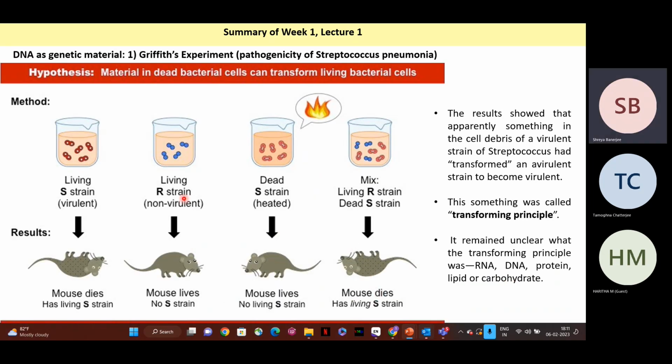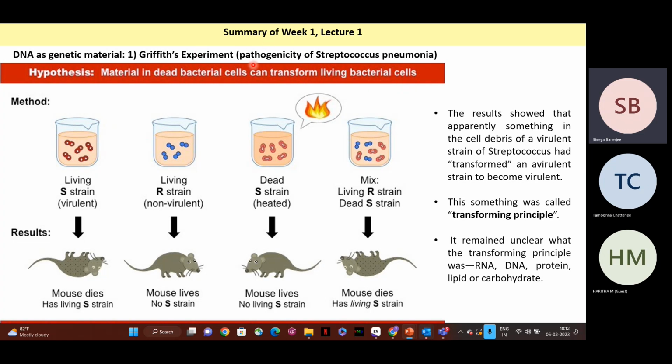Then there were several experiments done to find out that it is DNA which is the genetic material. The first experiment, called the Griffith experiment, talked about the pathogenicity of Streptococcus pneumoniae. The hypothesis was that there is some material in dead bacterial cells that can transform the living bacterial cells.